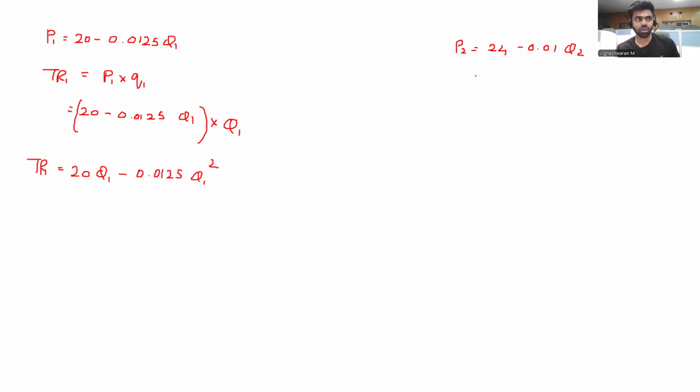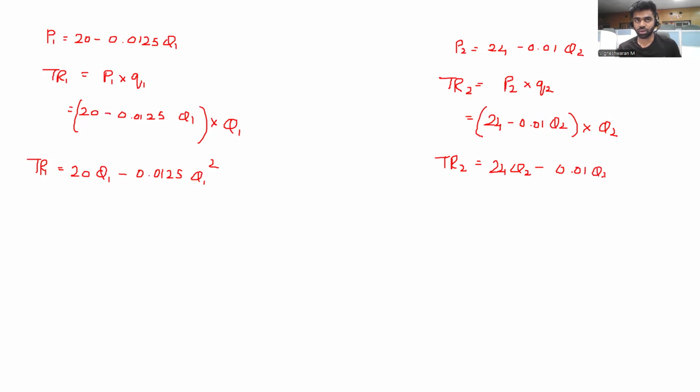Now for total revenue 2, TR2 is equal to P2 into Q2. The equation for P2 is 24 minus 0.01 Q2, multiplied with Q2. So TR2 is equal to 24 Q2 minus 0.01 Q2 square. So we got the total revenue.